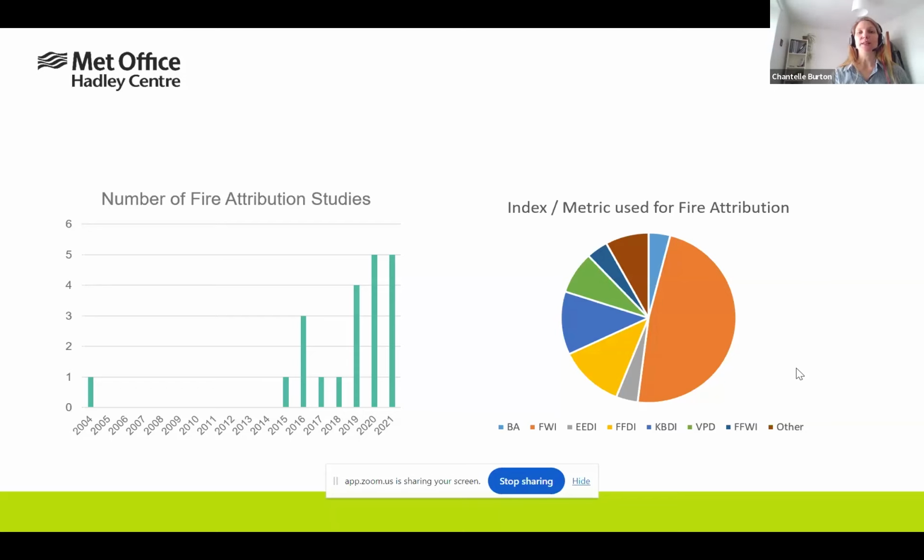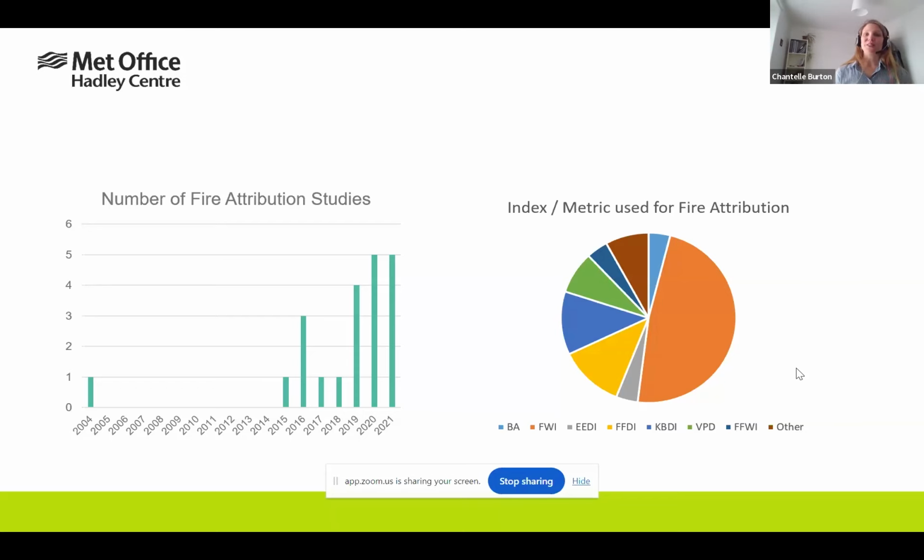So they use a proxy like a fire weather index, for example, or a drought index like the evaporative demand drought index or the Keetch biome drought index, or they look at a proxy like vapor pressure deficit, which can be a good proxy for fire weather, or even splitting it down into individual variables like attributing temperature or precipitation separately rather than trying to put that into a fire index.